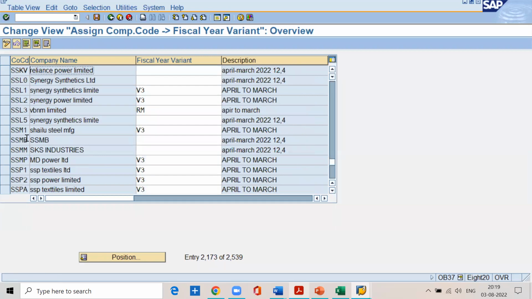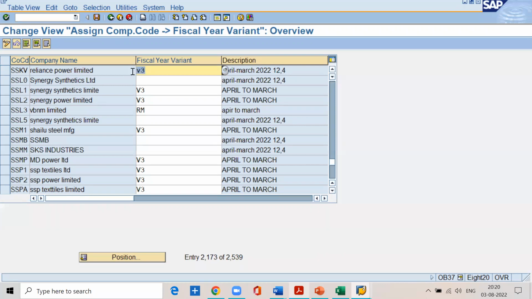Click on enter. See, our company code has been taken in the first line, right? Fiscal year variant is V3. For the V3 fiscal year variant, some values are defined. What are those values? Normal periods 12, special periods 4, right?